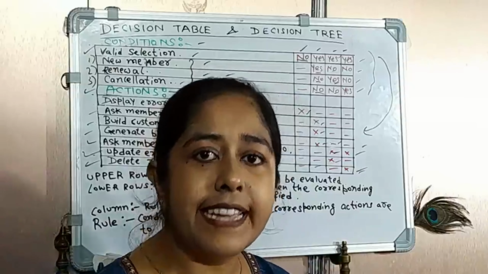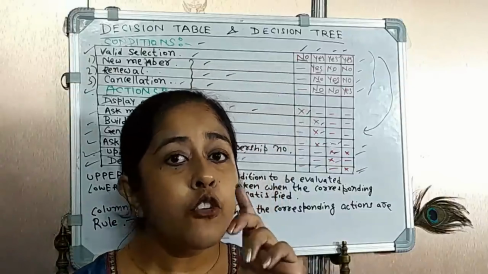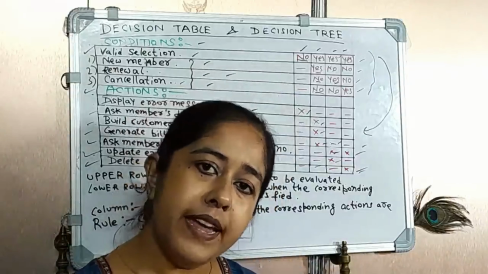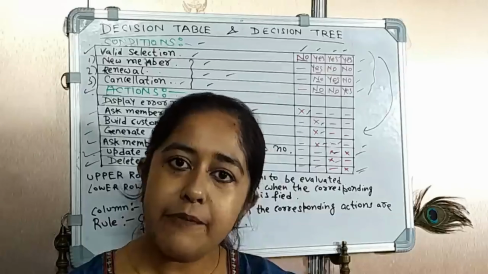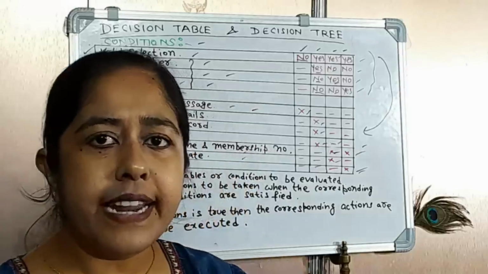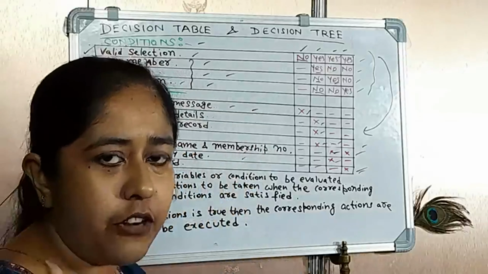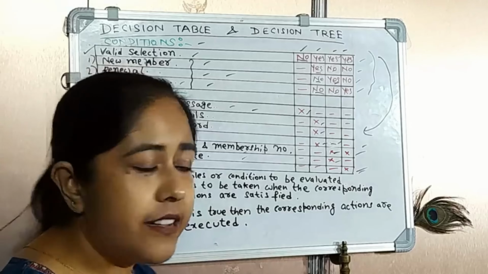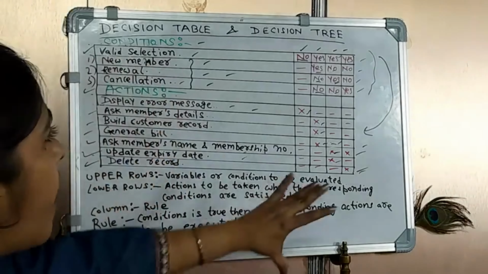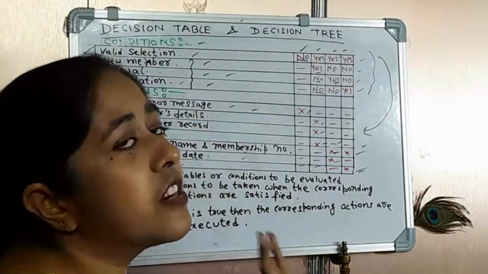When the user selects anything under a condition, there are corresponding actions to be taken, and when they are taken, you get a valid output, meaning the software is working correctly. So this is what is called the performer of our decision table.